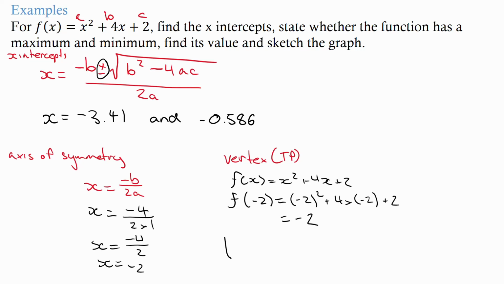So our vertex is at negative 2, negative 2. We also need to state whether it's a maximum or minimum. Our a value is positive, so we know it's going to be a minimum turning point.